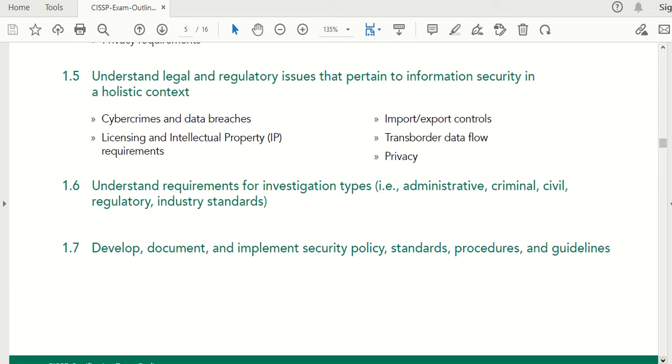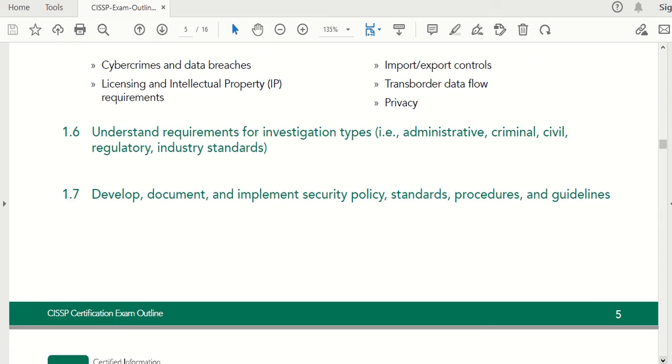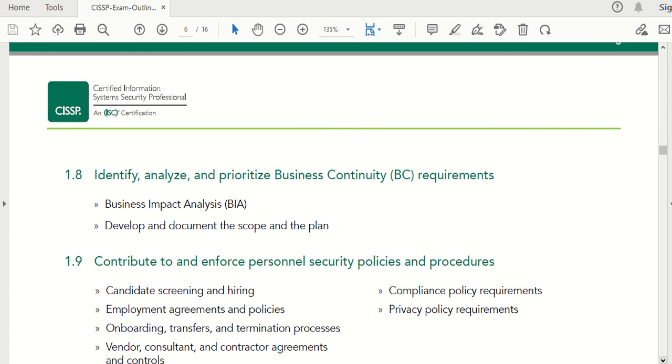Develop, document, and implement security policies, standards, procedures, and guidelines. Identify, analyze, and prioritize business continuity requirements, like business impact analysis, and develop and document the scope and the plan. So in this domain, we'll discuss what business impact analysis is and how it is done, and what the scope and plan of the business continuity plan are.